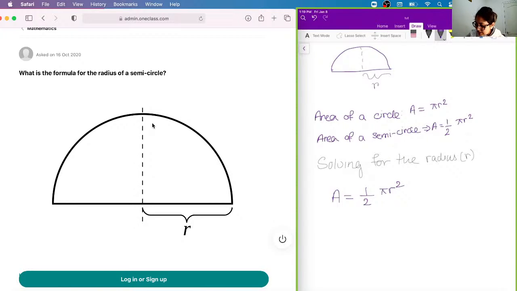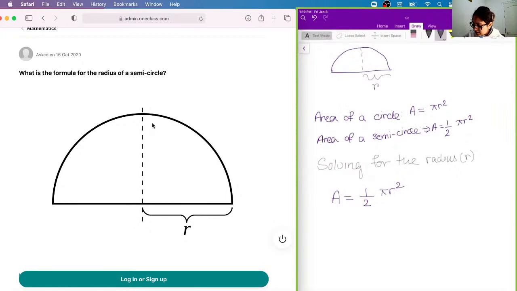Since the half is in a division state, if it goes to the other side, it's going to be a multiplication state.